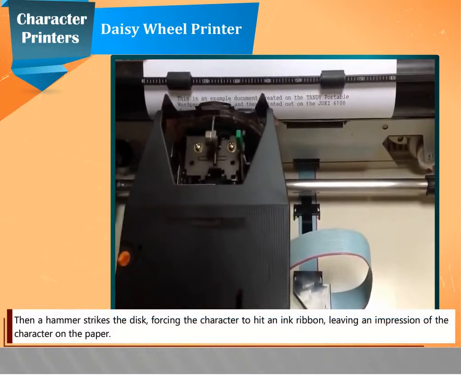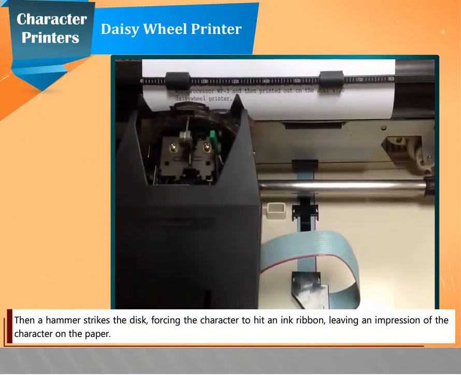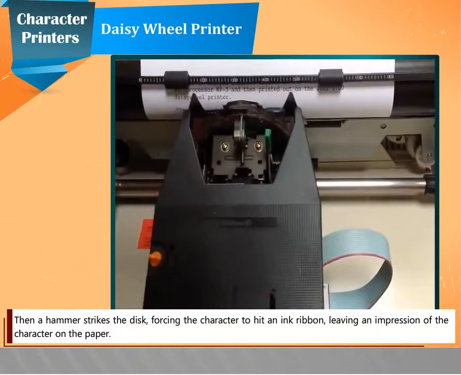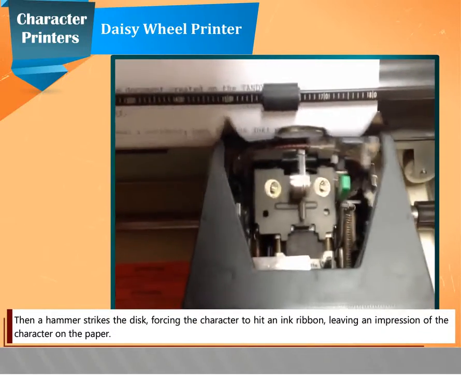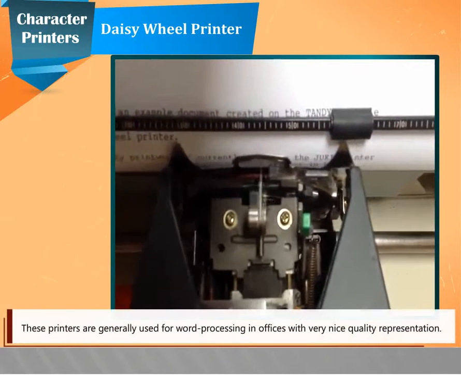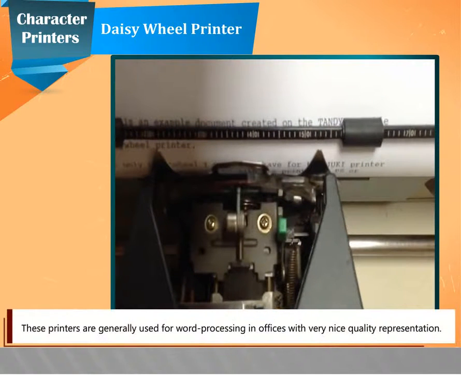Then, a hammer strikes the disc, forcing the character to hit an ink ribbon, leaving an impression of the character on the paper. These printers are generally used for word processing in offices with very nice quality representation.